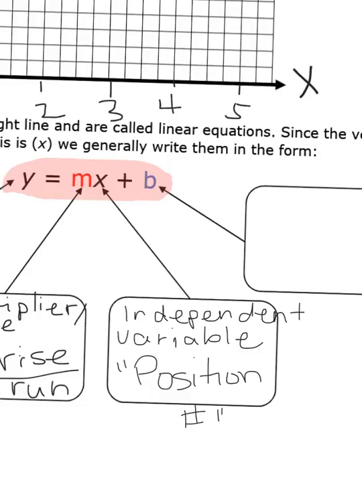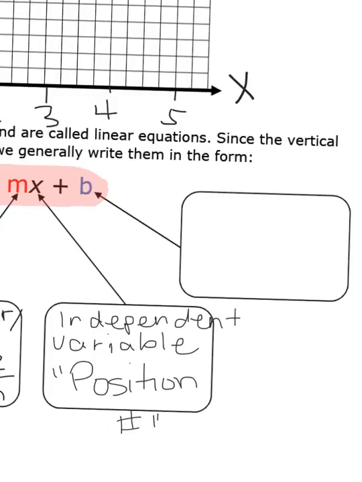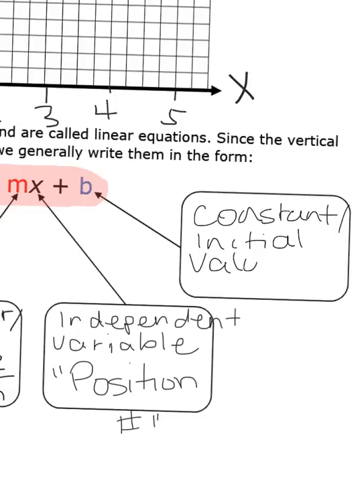And finally, our b term, that is our constant or initial value, which we are also going to start calling our y-intercept because it touches or intersects or intercepts the y-axis.